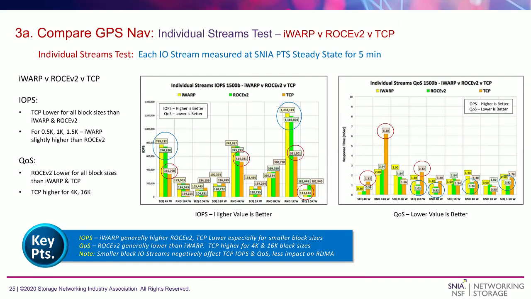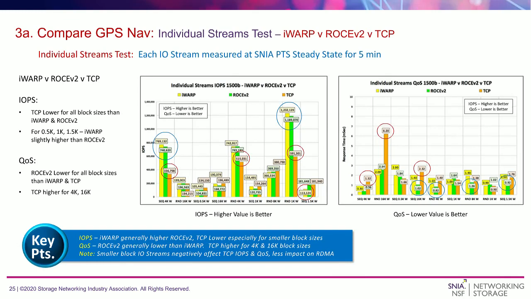So just looking at it, the blue circles show that the RDMA for most block sizes are higher than TCP, and they're substantially similar. On the right-hand side, looking at the response times, you see that the orange bars, which is TCP, are oftentimes much higher than the RDMA base.